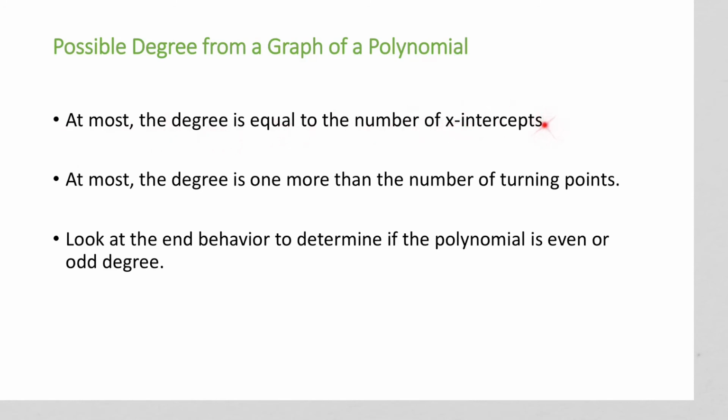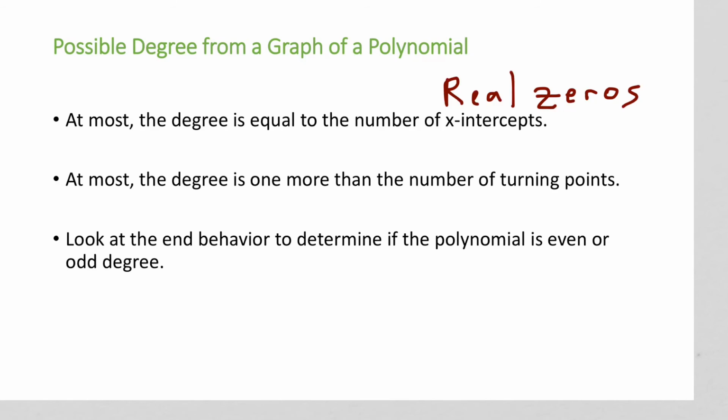That's the highest degree possible, and we're talking about x-intercepts, so these are real zeros. When you cross the x-axis, you've got real zeros. As we get further into polynomials, we'll find out that they can also have imaginary zeros, and right now I'm talking about real zeros.